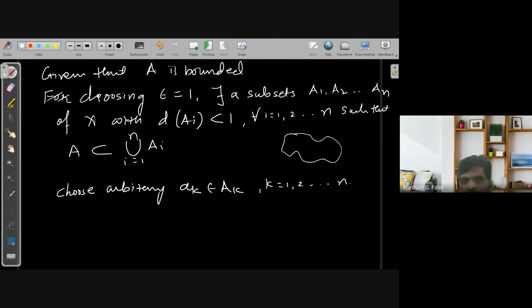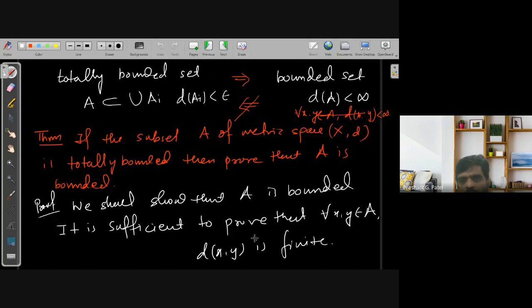Suppose this is A and these Ai are subsets of X, so it will look like this. I am picking one a1 from this set, a2 from this set, a3 from this set, and so on. Now I will make some space here.